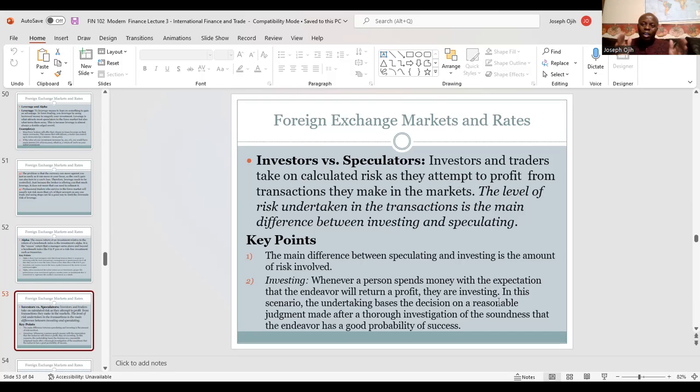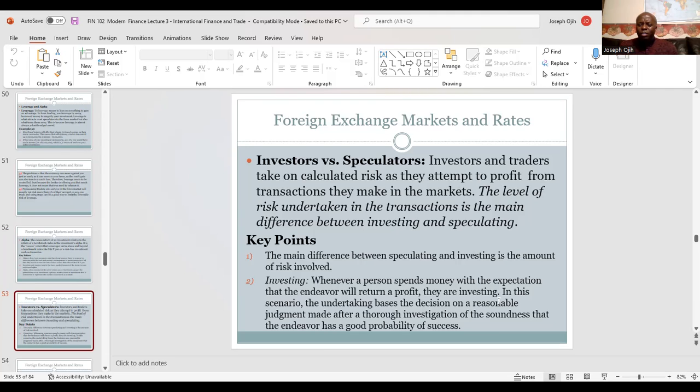But speculators are short term. This week or this month, the market will be down or up. If it's not, they lose money. They lose all the money they invested. So whenever a person spends money with the expectation that the endeavor will return a profit, then they are investing.